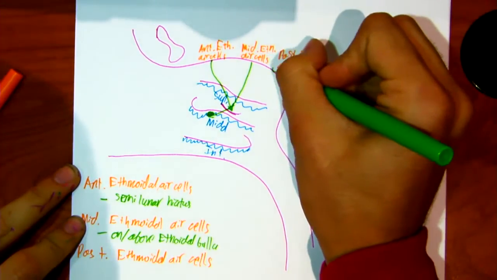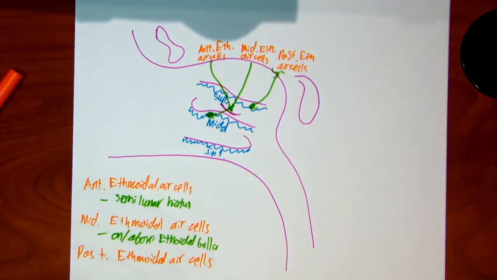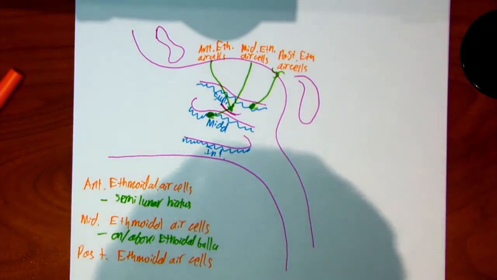Awesome. Posterior ethmoidal air cells drain into the superior nasal meatus.